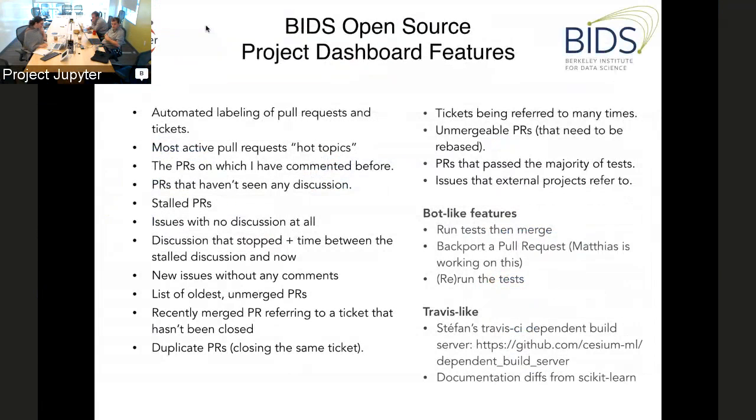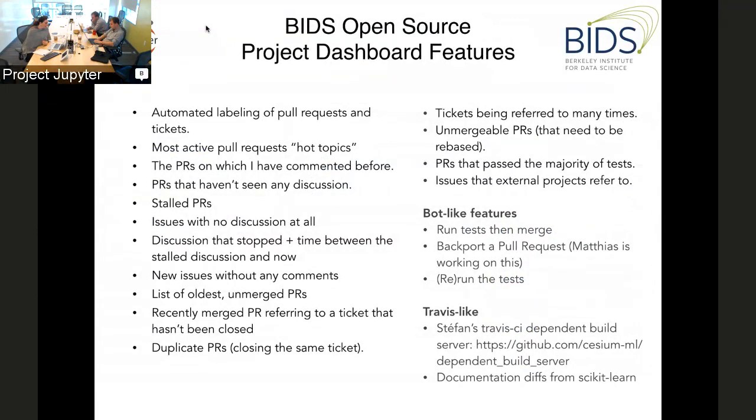Okay, so the next thing that I mentioned that we're working on is this BIDS open source project dashboard. The features of that dashboard are listed here. And I like this list because it's very specific on the types of information that these folks want.